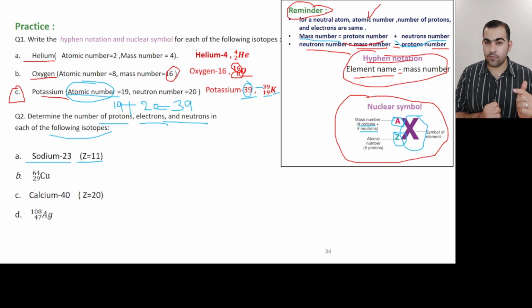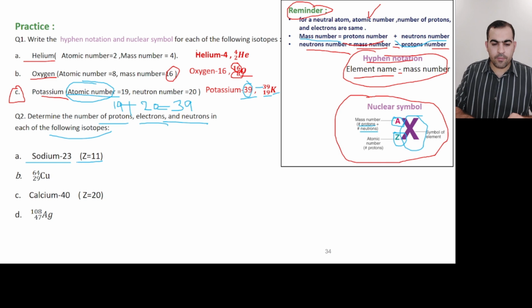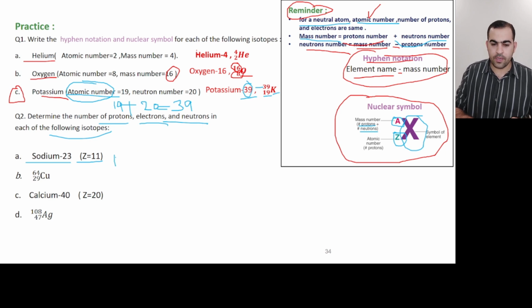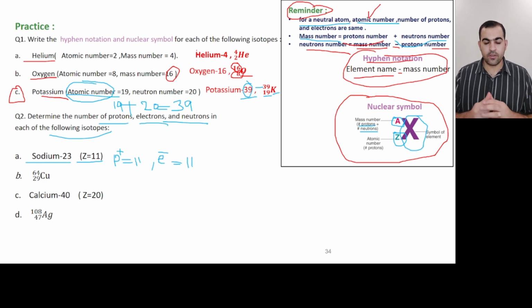Z is the symbol of atomic number, so atomic number is 11. What is the protons number? For a neutral atom, atomic number, number of protons, and number of electrons are the same. So protons number equals 11 too. What about electrons? Electrons equals 11 too, because electrons, protons, and atomic number are the same.